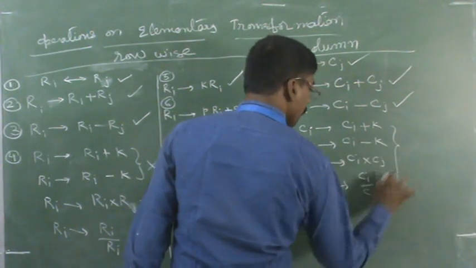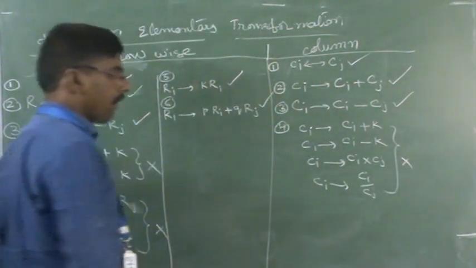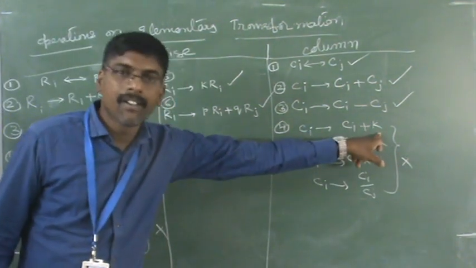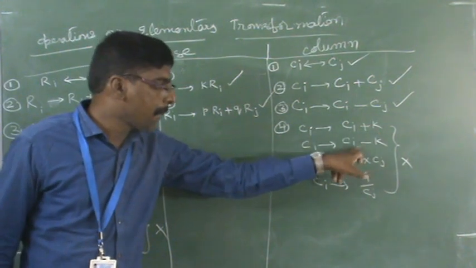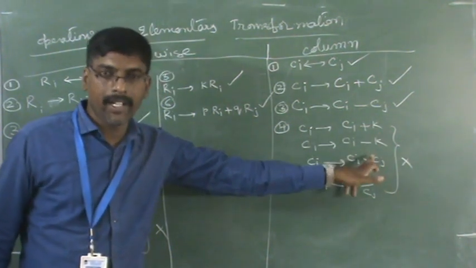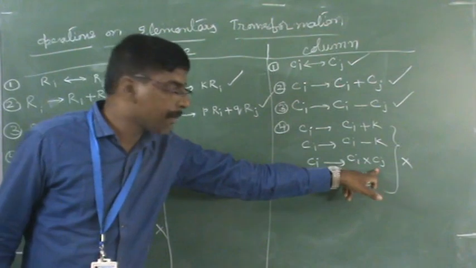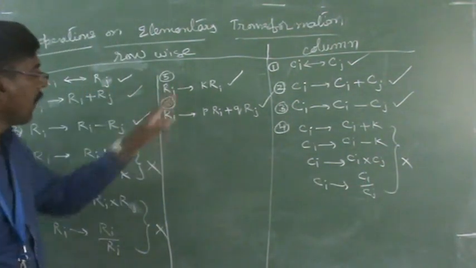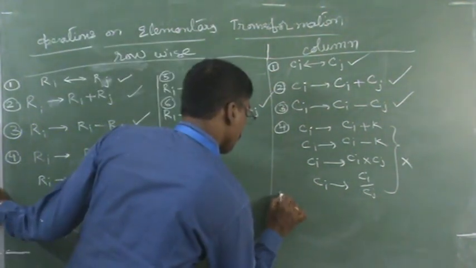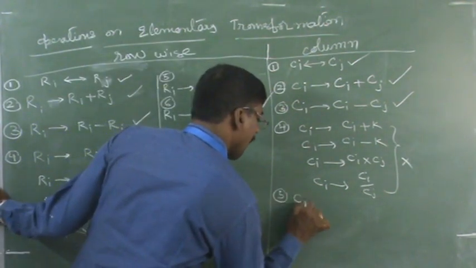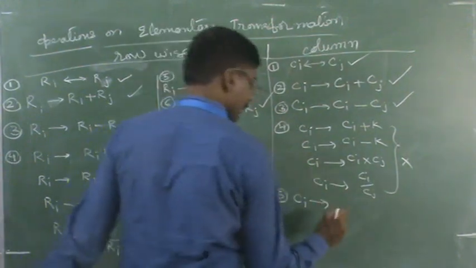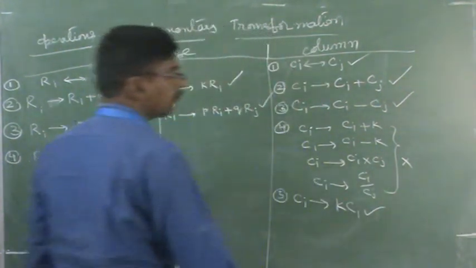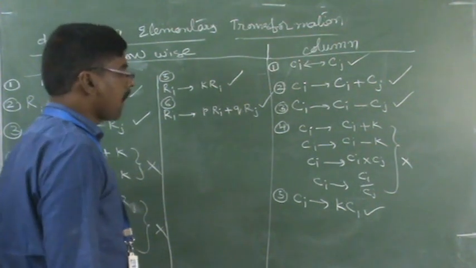Very, very important. One number adding for an entire column, one number subtracting for an entire column, two columns multiplication, two columns division, is not applicable. But in the case of property number 5, Ci can be written as some constant into Ci, applicable.